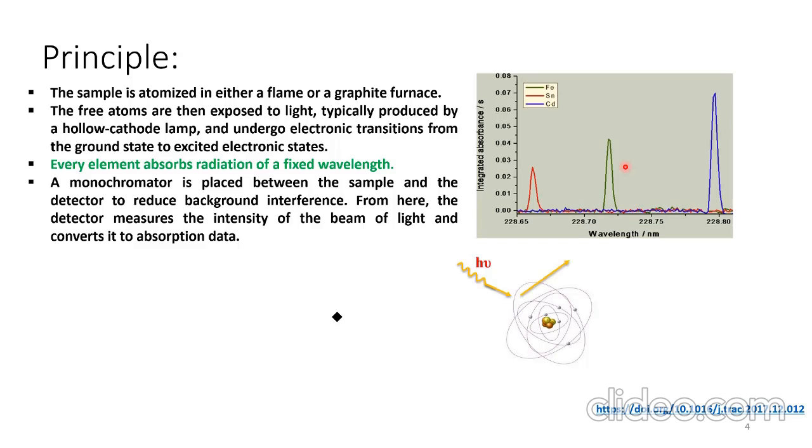Suppose the peak is coming in this range, 28.79, so we know from the data we have that the peak is of iron, and we can conclude that the material is having iron in it.